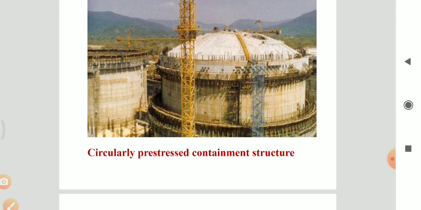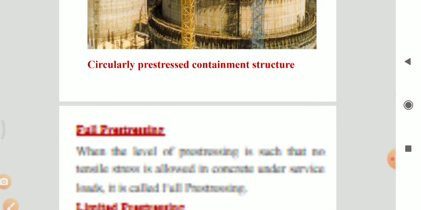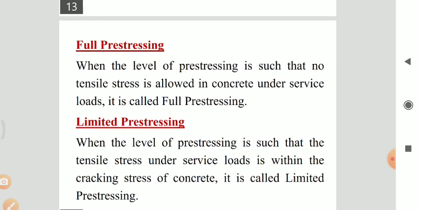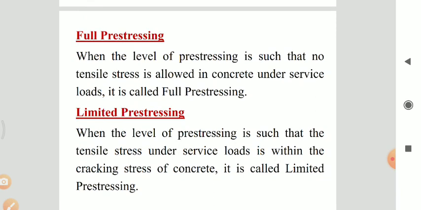Then, according to the amount of pre-stress we are providing, we can also classify the pre-stress as full pre-stressing, limited pre-stressing, partial pre-stressing. In full pre-stressing, the level of pre-stressing is such that no tensile stress is allowed in the concrete.